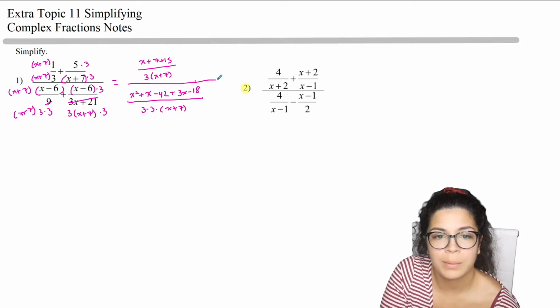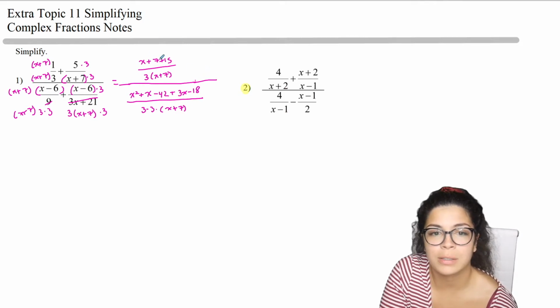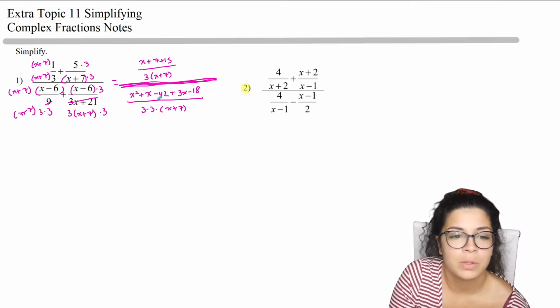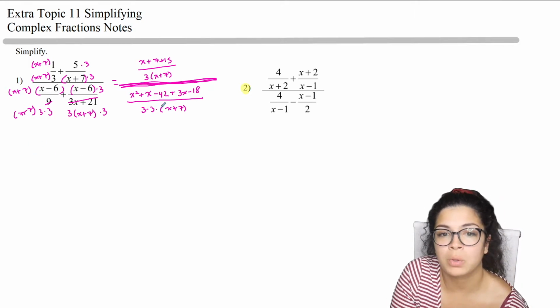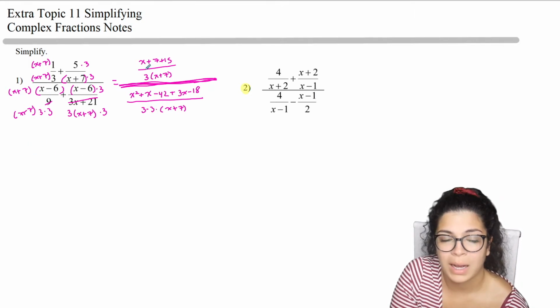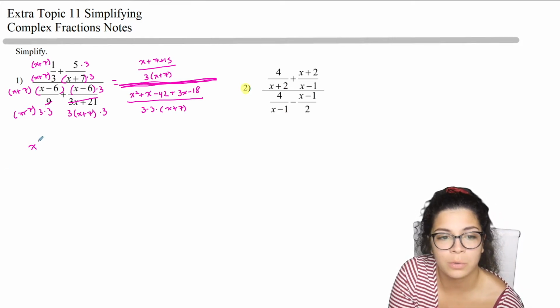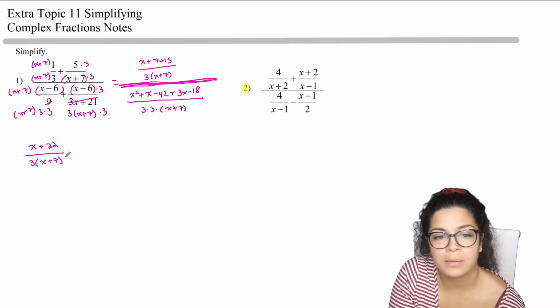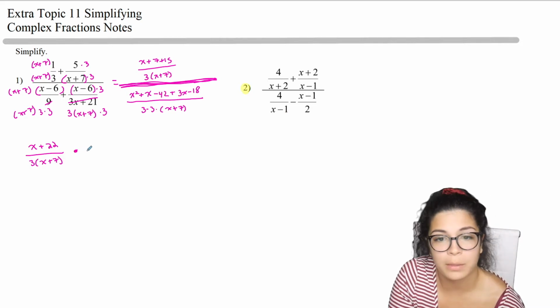Okay, so now we have this numerator divided by, that's the main fraction bar, the denominator. So I'm going to change that to multiplying the reciprocal. As I write it down, I'm going to simplify. So x plus 7 plus 15 is x plus 22 over the denominator. And then instead of dividing, I'm going to write it as multiplying the reciprocal.